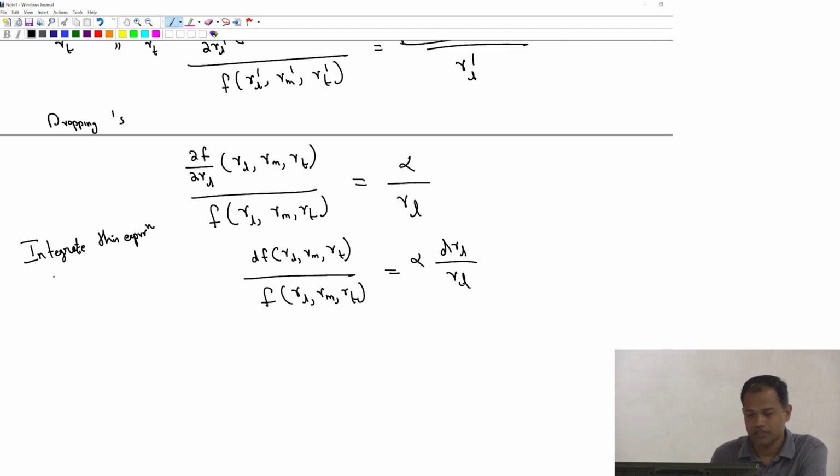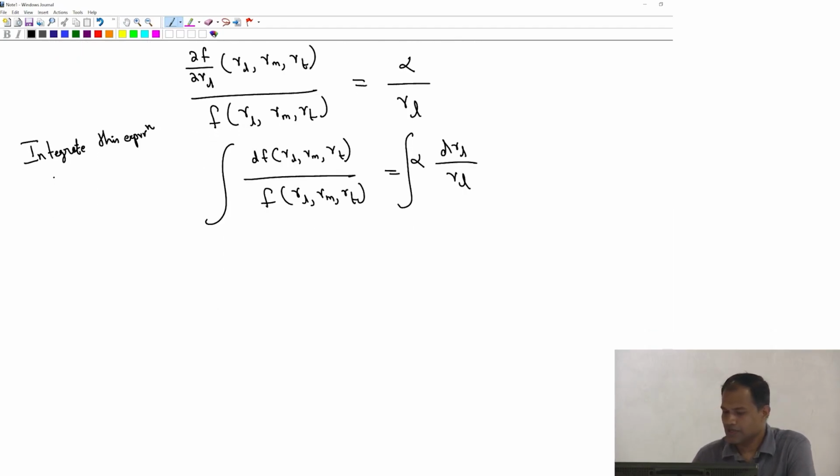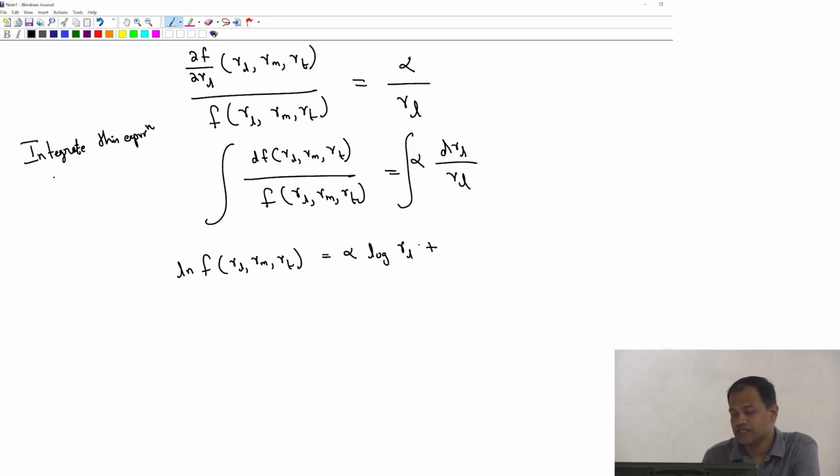Just rearranging and doing the integration. This is dou f by dou RL. I keep bringing this dRL to the right hand side and integrating, that's all. And what do I get? Log of f of RL, Rm, Rt is equal to alpha times log of RL plus a constant.